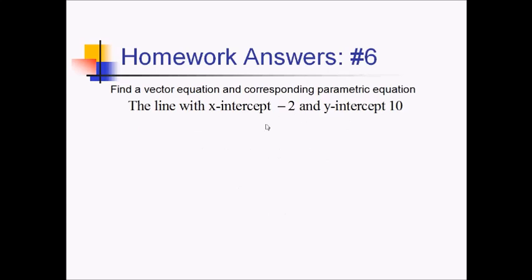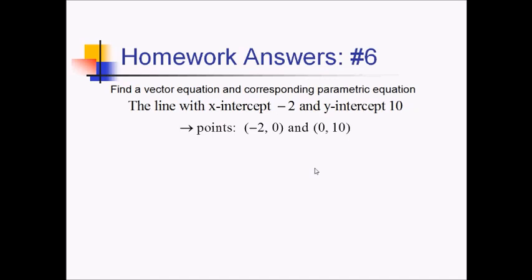For number 6, this one's a little trickier. We want vector and parametrics given an x-intercept of -2 and a y-intercept of 10. So they're actually giving us 2 different points here. This x-intercept is just going to be (-2, 0), and this y-intercept is (0, 10). For our initial point, we'll use this x-intercept, and we'll just go in the order that they gave us the stuff. So let's get our direction vector.